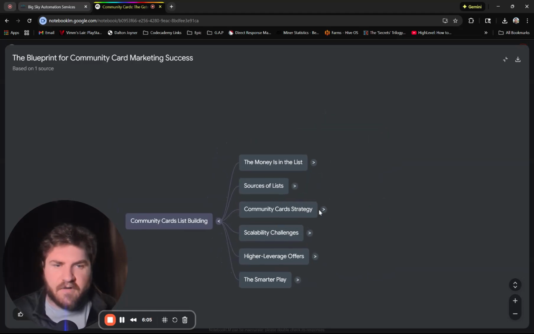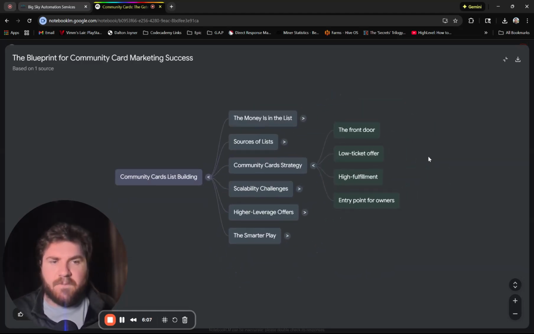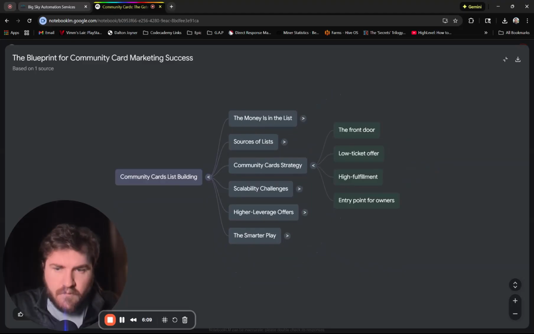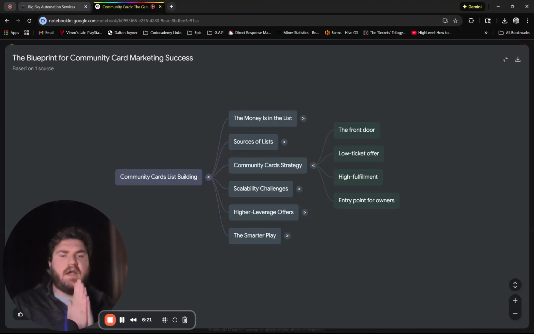So here's the community card strategy and why it's so important. The whole point is to have a low ticket offer and sell it one time in one town, and then you make it the entry point for all owners. Let's talk about why I recommend that you do one card for your town. You can even do 2 cards.